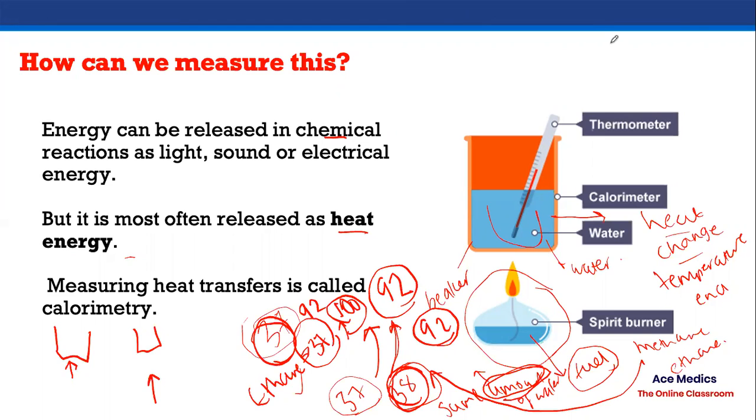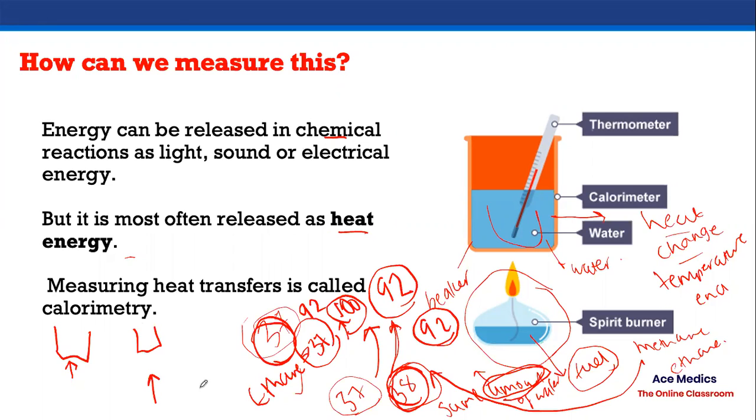Would you and your friend be measuring the same thing if you had the spirit burner way further away and your friend was close up? No, it won't be fair, will it? Because why would that be? Yeah, exactly. If the spirit burner is closer to the beaker, then of course the beaker is going to get way hotter because it's closer to it, isn't it? Whereas if you're holding it further away, then it's not going to get the same amount of heat.